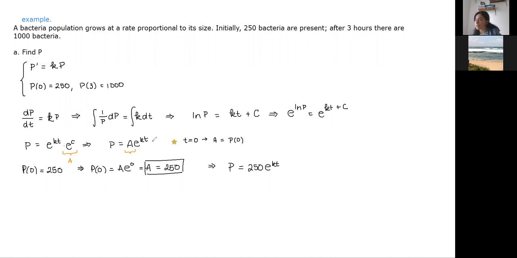And that's because when t is equal to 0, this term over here is going to become 0, and e to the 0 is going to become 1. Okay, so that's just a good check to have.